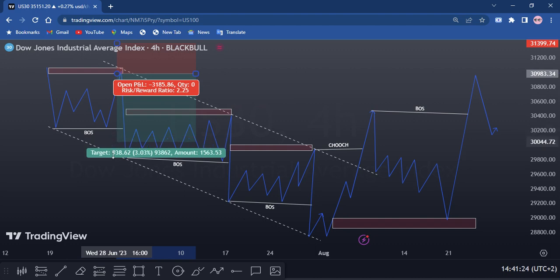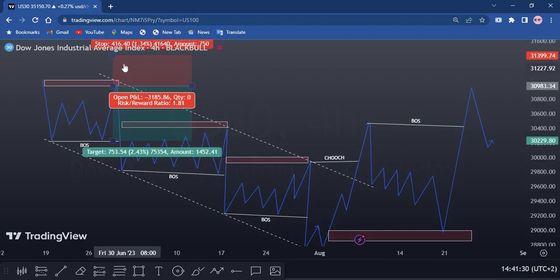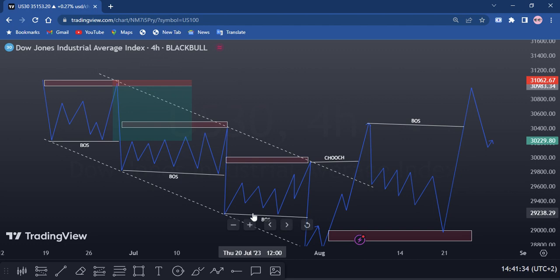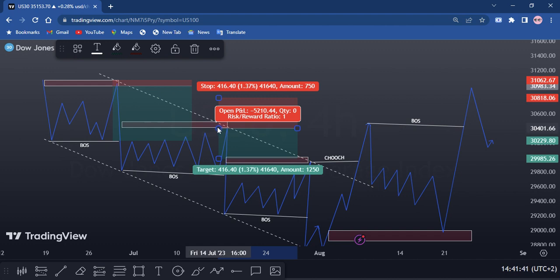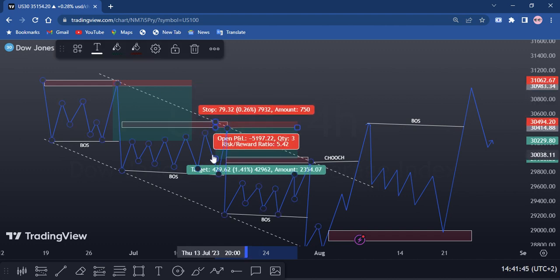And for someone who doesn't understand how we trade, they will basically think that we're trading a trend line. But in actual sense, what we're trading is we're placing our order blocks, trading our order blocks. So we only trade whenever the market comes and mitigates. That's where we jump in with the market makers, something like this.